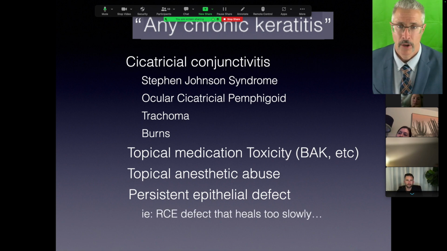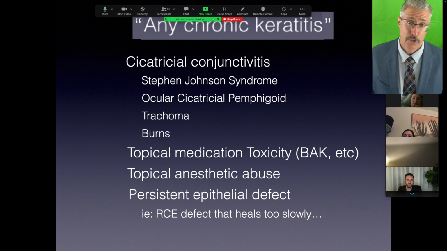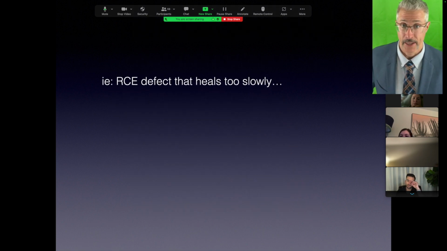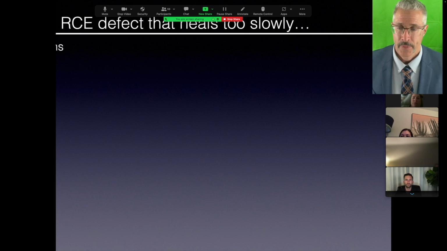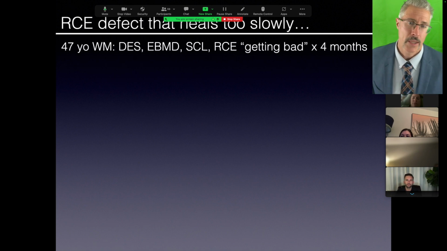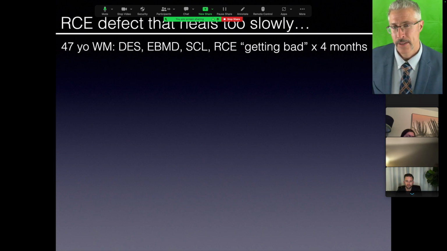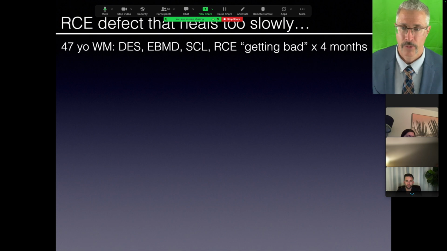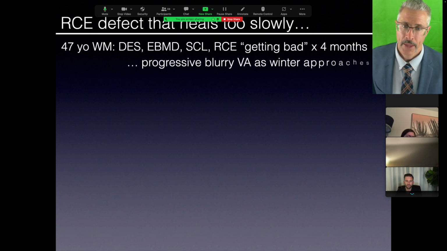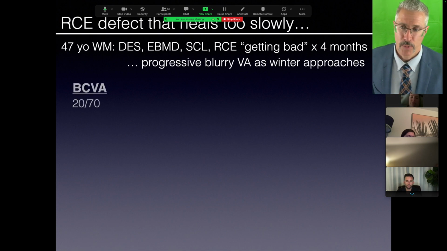What about recurrent corneal erosions that heal too slowly? This is an interesting case. This guy's had RCE for years, and they would always heal in a few days. He is a classic RCE patient, but since RCE's been getting a little bit worse this past winter, his eyes are a little drier and tackier, more friction, and just getting worse as winter approaches.